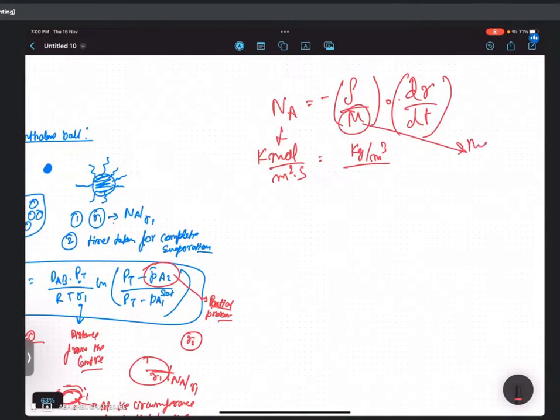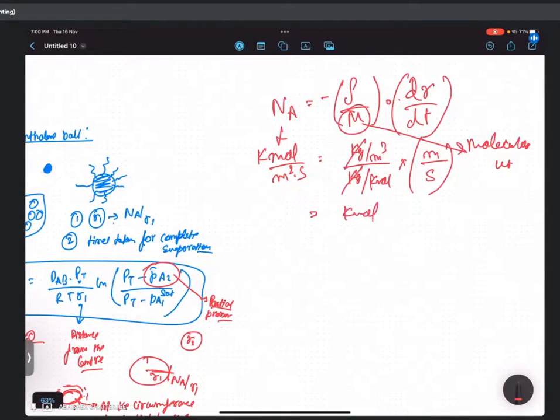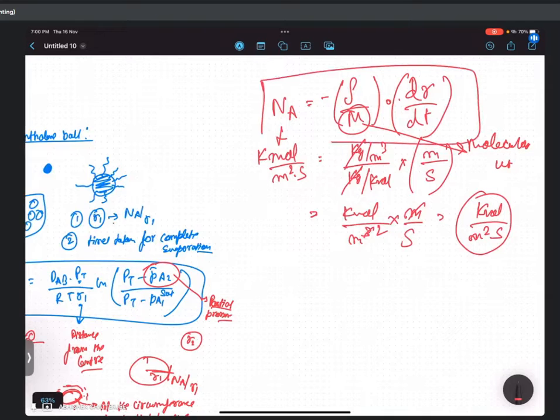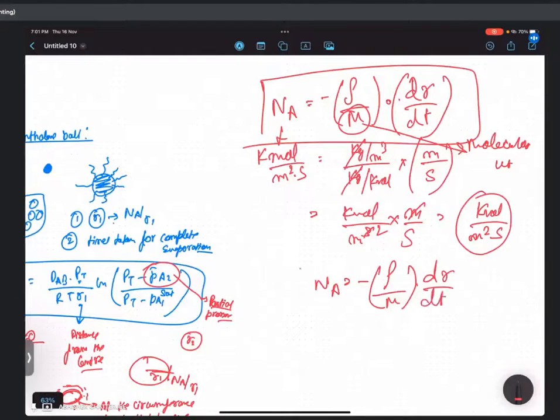This m is the molecular weight, with unit kg per kilomole. dr is in meter and time in seconds. So kg will cancel out, and you get kilomole per meter cube into meter per second, which becomes kilomole per meter square second. So just by unit balance, we can represent our flux as Na equals minus rho by m into dr by dt.